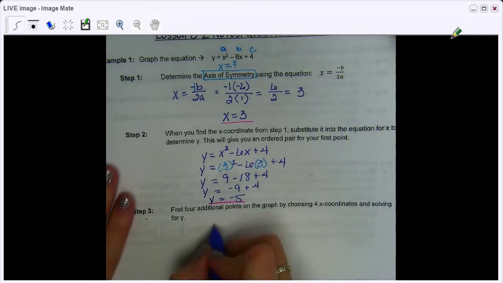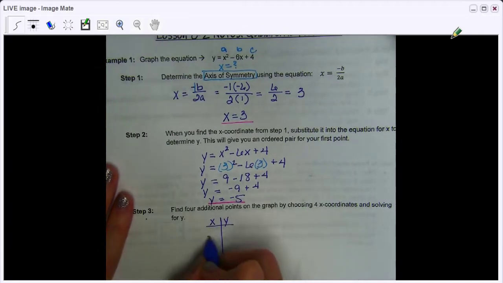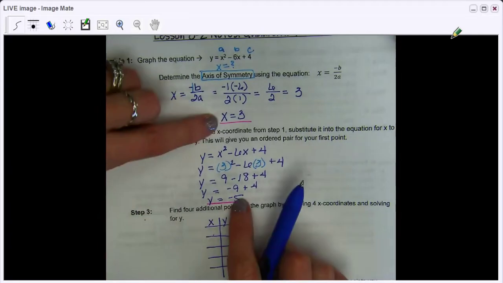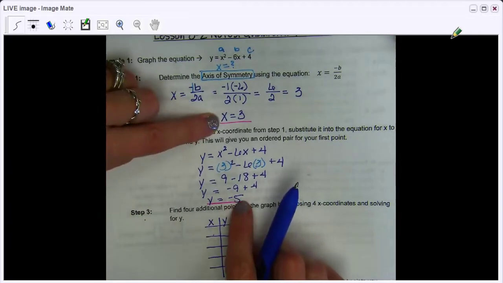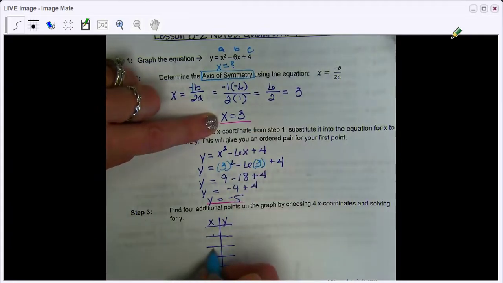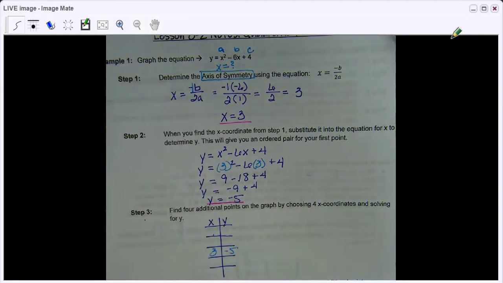If I were to create a table and I want 5 points, 1, 2, 3, 4, 5, this ordered pair, 3, negative 5, that is my vertex. That's going to go in the center. 3, negative 5. Okay.